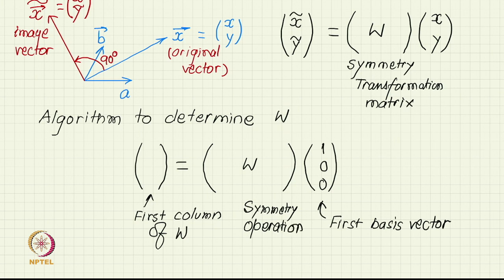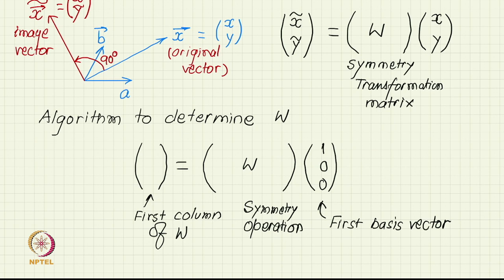Symmetry operation. So, that means by the symmetry operation matrix I want to transform 1 0 0. I want to know where the first basis vector will go by the symmetry operation, whatever your symmetry operation is. For example, in this example I have shown 90-degree rotation.